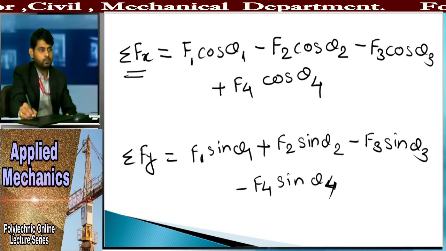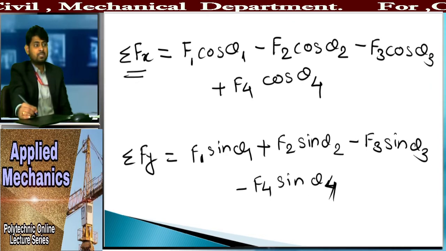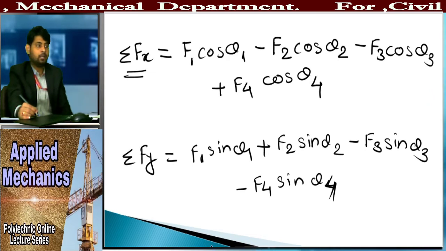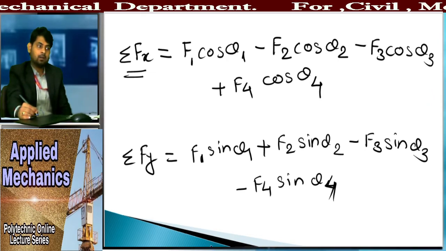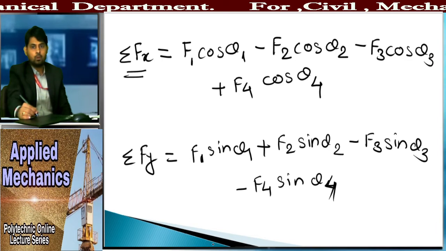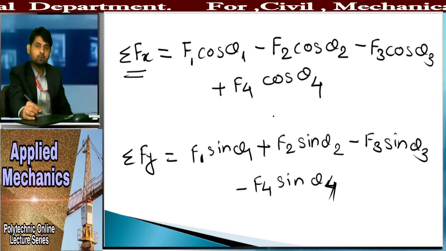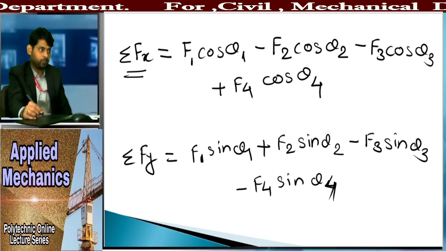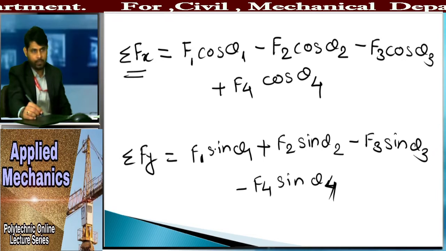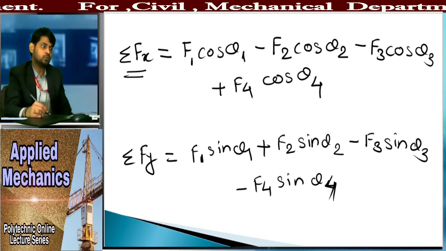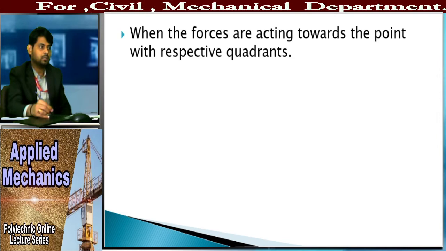So these are the forces we have resolved horizontally and vertically. So hope you have understood how to resolve the forces which are away from the point. Now let's see the forces which act towards the point.